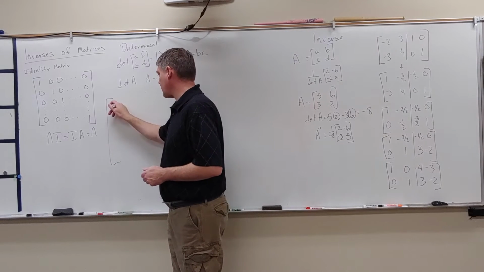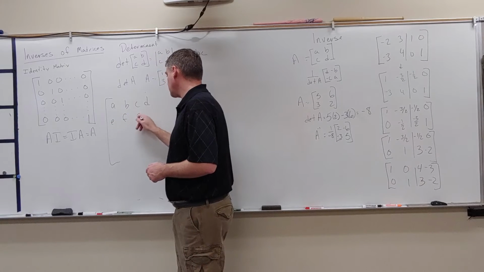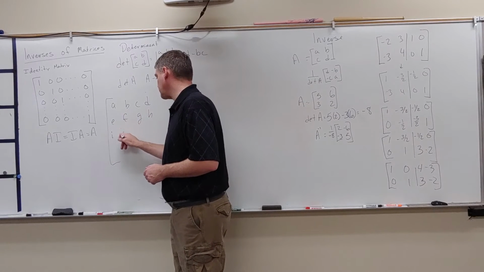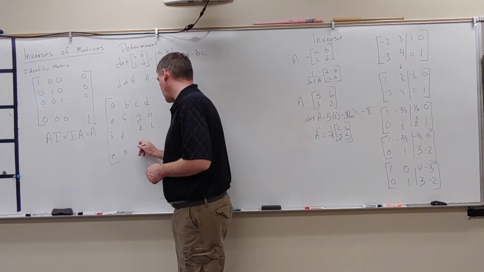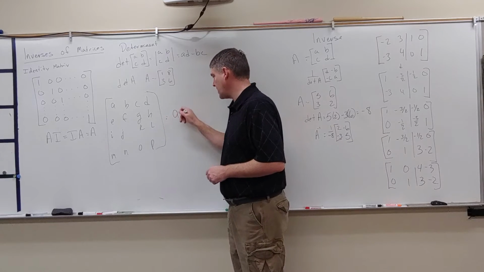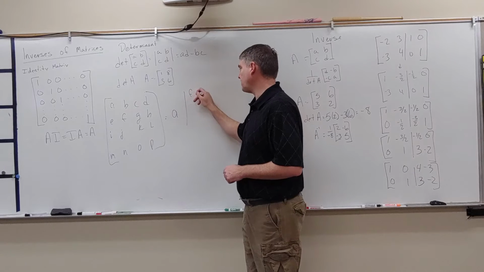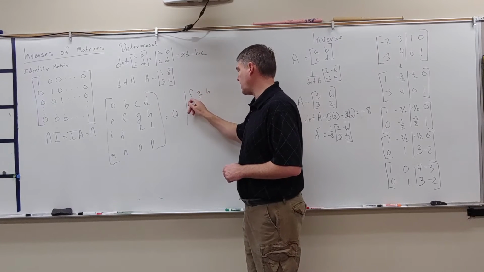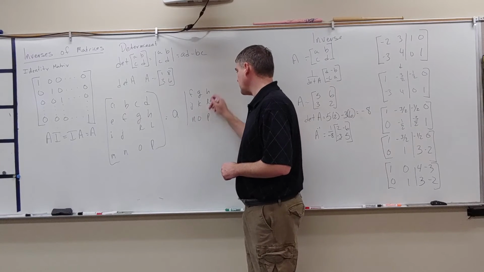So let's say I have A, B, C, D, E, F, G, H, I, J, K, L, M, N, O, P. So there's my 4 by 4. The first one would be A times the determinant. So I would get rid of this column and this row, leaving F, G, H, J, K, L, N, O, P.